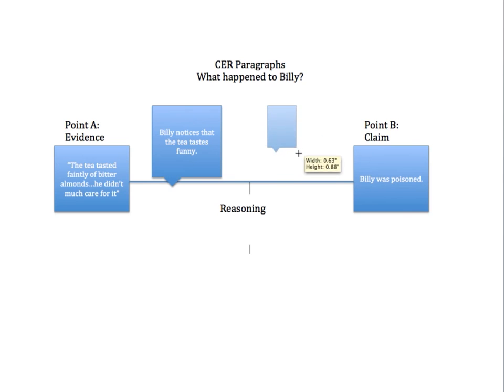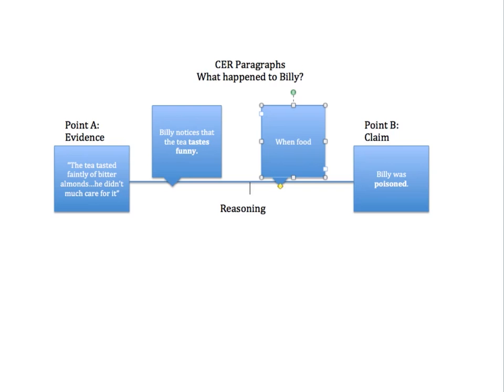Okay, so now what I need to do in my second box here is connect this idea of tasting funny to this word over here, poisoned. Okay, so I'm going to do that by making a generalization.